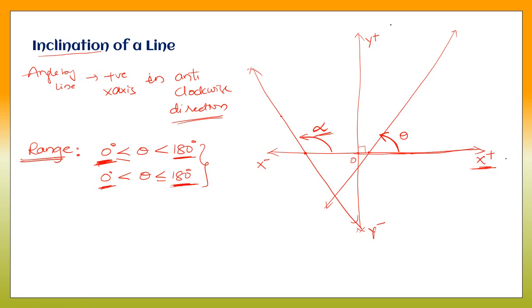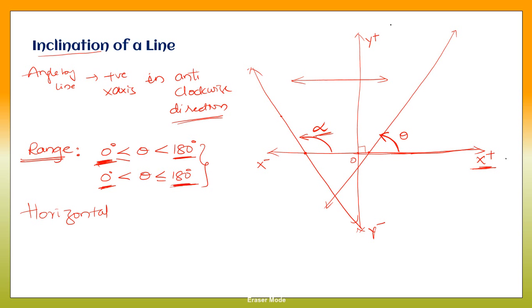So from this, clearly, what I can say is a line can make an angle from 0 degrees to 180 degrees, right? So this is nothing but the inclination of a line. Next, to this inclination: if I consider a horizontal line, it makes an angle of 0 degrees with the positive x-axis.